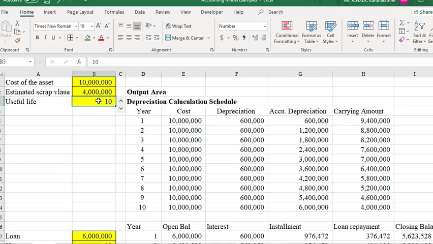It is not the economic life, and you know what is meant by depreciation. Depreciation is a systematic allocation of the depreciable amount of an asset over the useful life, not the economic life. Economic life is different. Useful life is determined by the management.